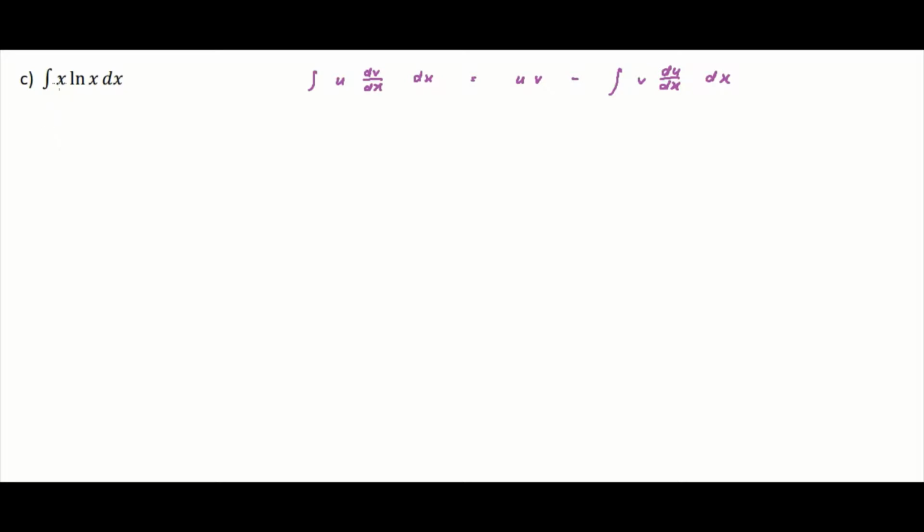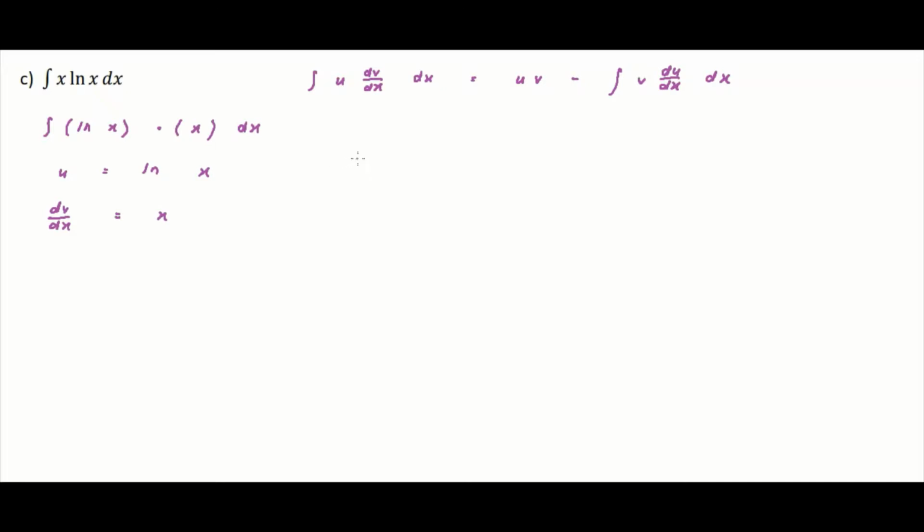So meaning that instead of solving this, we will be looking at ln x multiplied with x. So this will be your u and this will be your dv dx. So u equals ln x and then dv dx equals x.